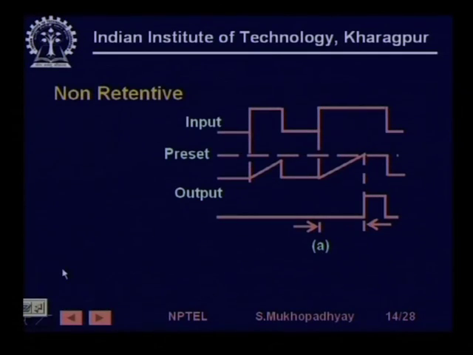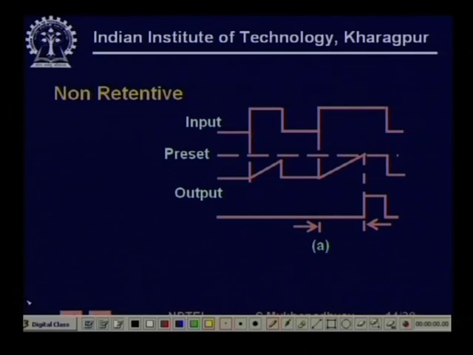Next, we can again classify timers in two ways. One is called a retentive timer, another is called a non-retentive timer. For a non-retentive timer, see, the input here goes up, so the timing register starts increasing, suppose it is an on delay timer.